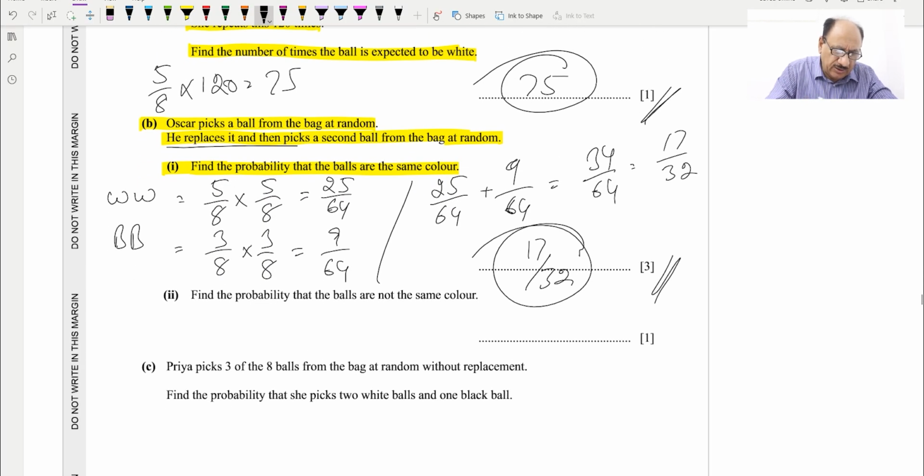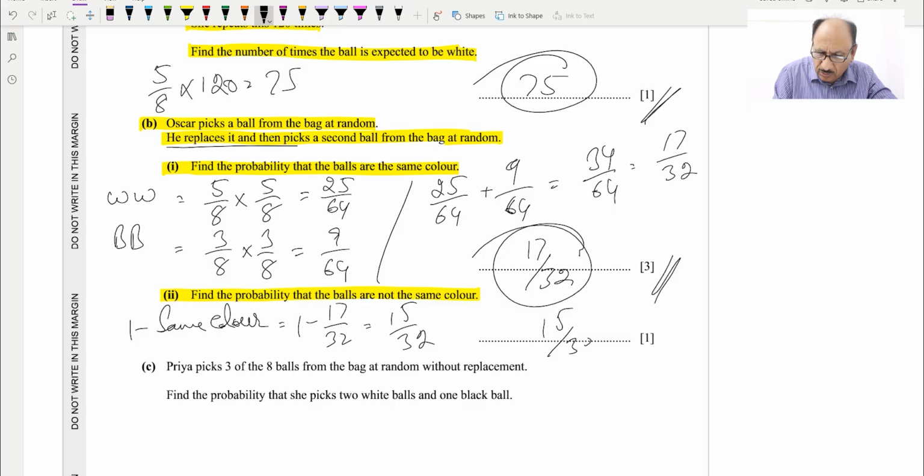And the second part of the same question says find the probability that the balls are not the same color. So same color we already found. So 1 minus same color, which is 1 minus 17 over 32, equal to 15 over 32. So 15 over 32 will be our answer for 1 mark.